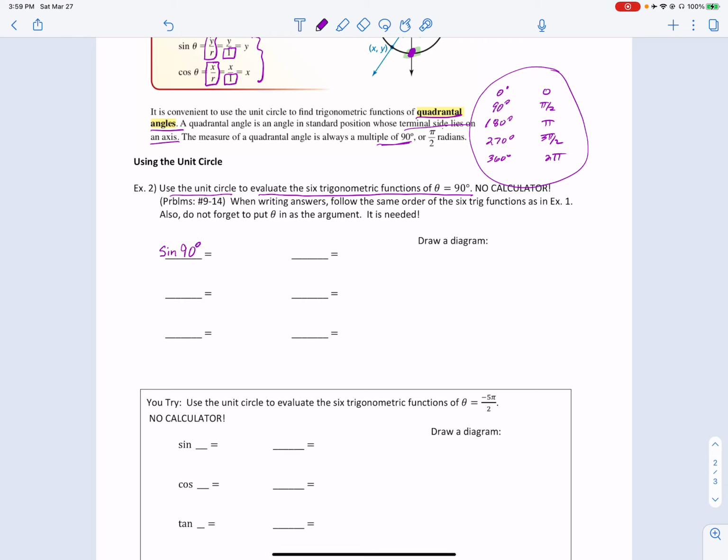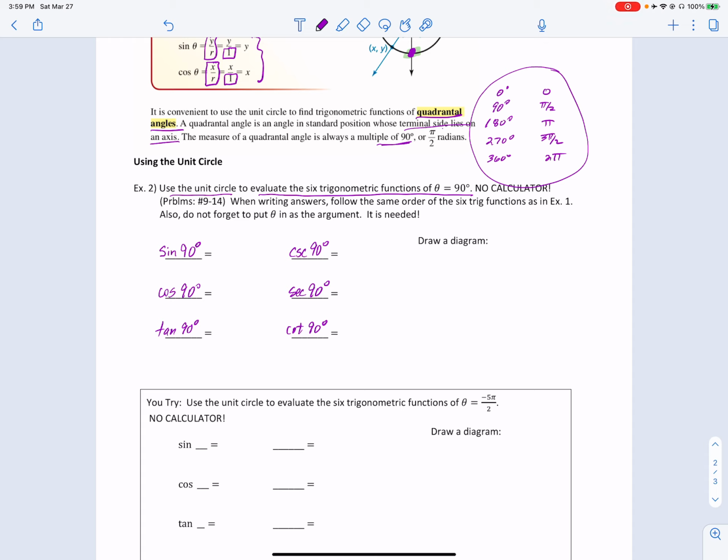So we're going to have sine of 90 degrees, its reciprocal cosecant of 90 degrees. And then I'm going to have you evaluate cosine of 90 degrees, and its reciprocal, which is secant. Make sure you put the degree symbol on that. And then tangent of 90 degrees, and then cotangent of 90 degrees.